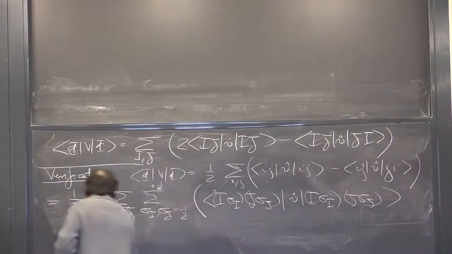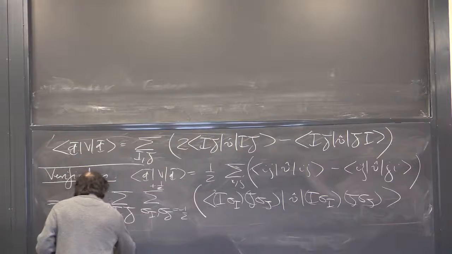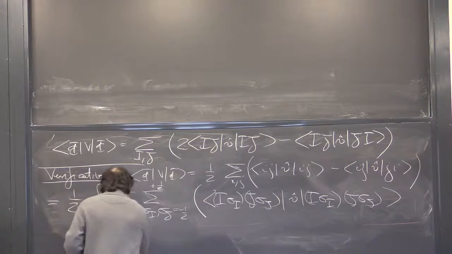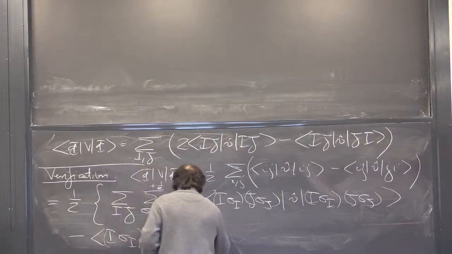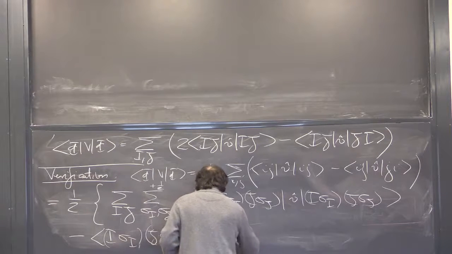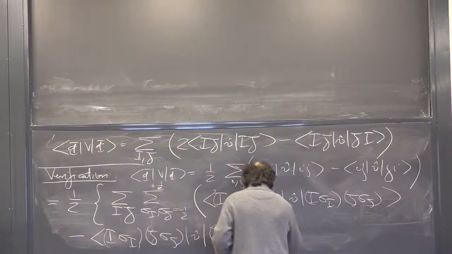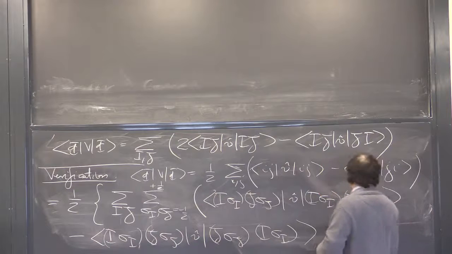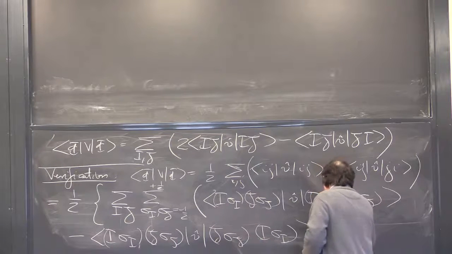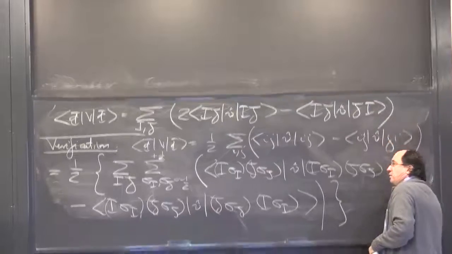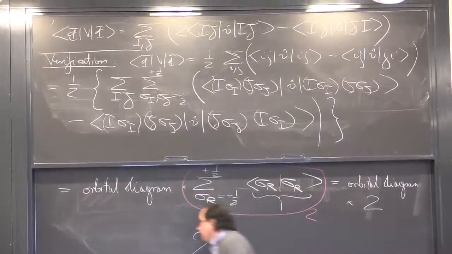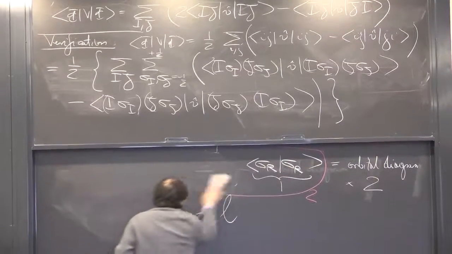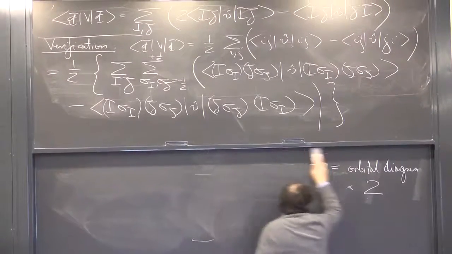For the other one, I would end up with ⟨Iσ_I, jσ_j|v|jσ_j, Iσ_I⟩. Okay? And then we will close the round bracket and the curly. That's how we would have to start. Now we have to continue and simplify this expression algebraically.